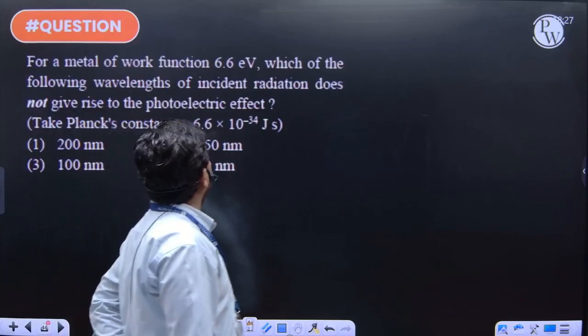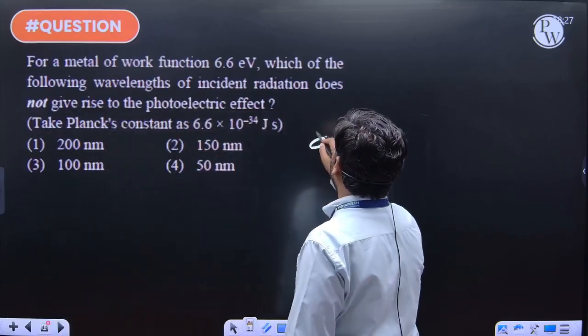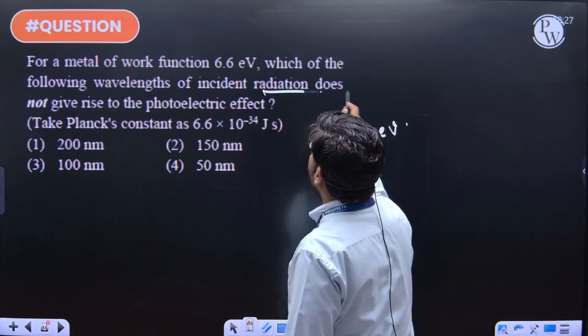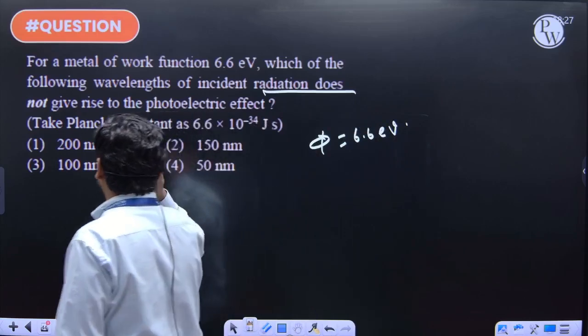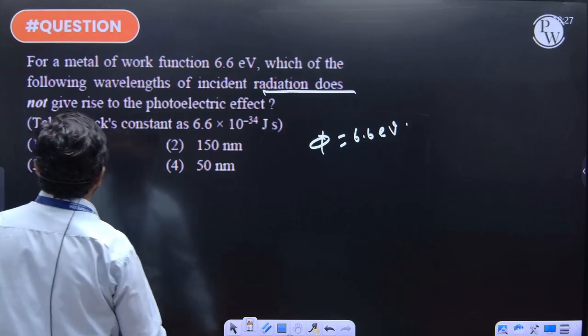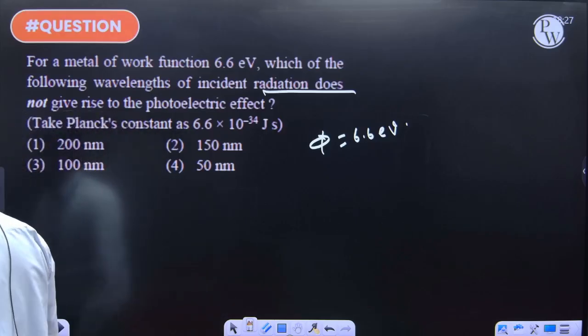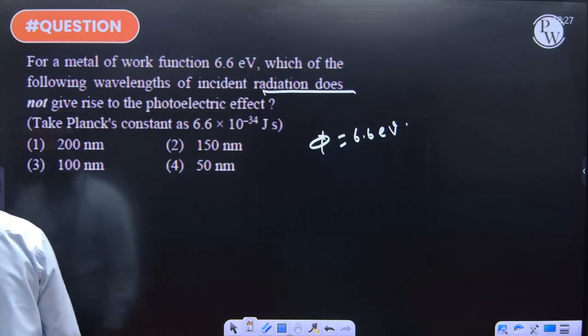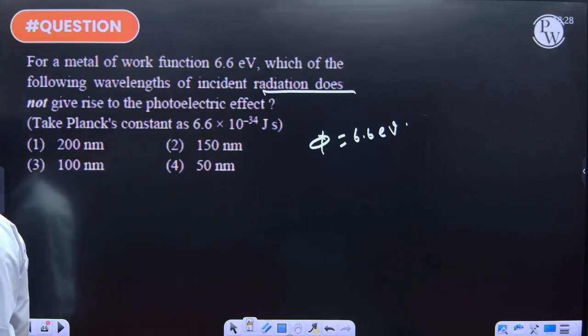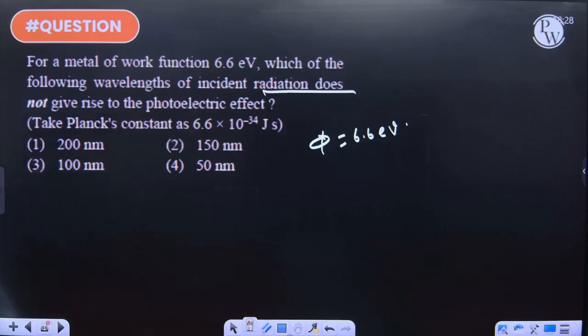For a metal of work function phi given as 6.6 electron volt, which of the following wavelengths of incident radiation does not give rise to the photoelectric effect? You know that wavelength should be less than the threshold wavelength, and frequency should be more, for photoelectric emission.